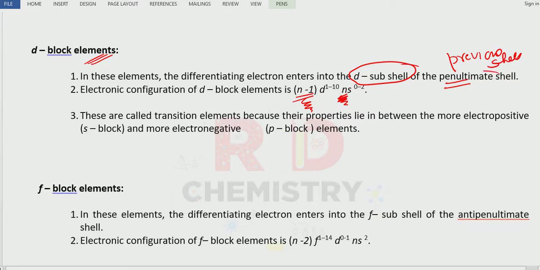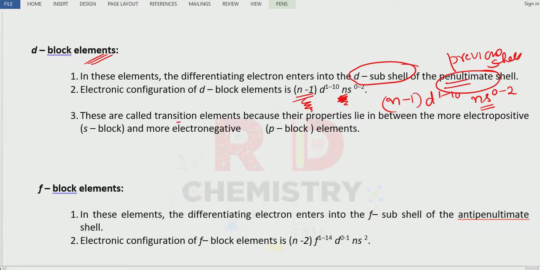So the general electronic configuration is (n-1)d1-10 ns0-2. The exception is palladium, where there are no electrons in the s orbital.